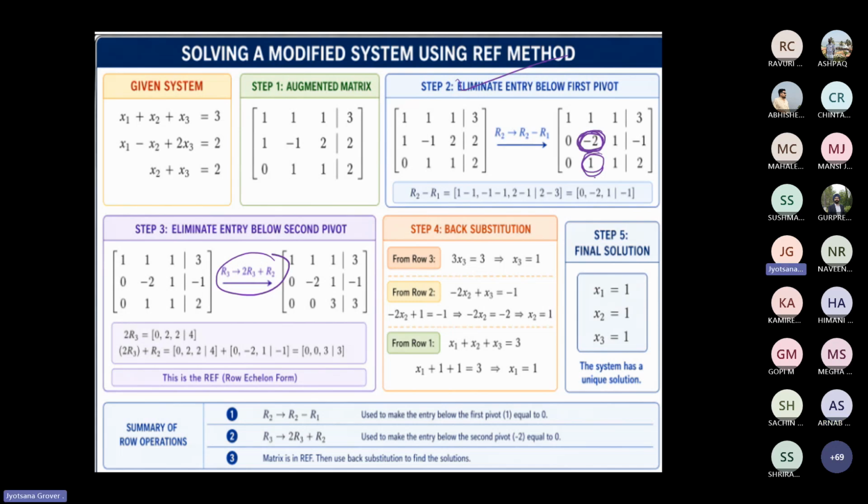No, if you do R3 minus R1, this will turn a zero element into a non-zero element. If you want to convert this element to 0, which is beyond the leading element of the second row, I have to make use of the second row only.